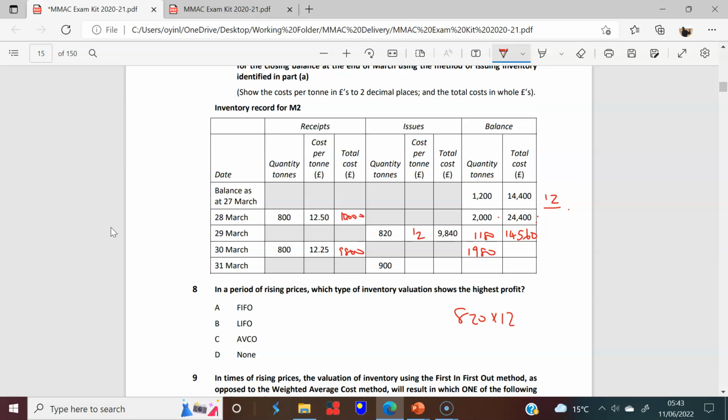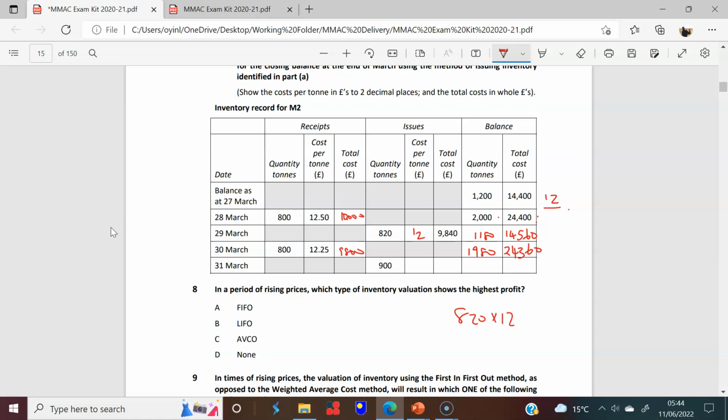Add all of that together. 9,800 plus 14,560 gives you 24... By the way, it's very possible that I would make a mistake in my adding. I'm very good at that. So given that it says you're now issuing 900 on a first in, first out basis, let's be clear. You have issued 820 from the first batch, and from that first batch, you would have 1,200 minus 820 left.